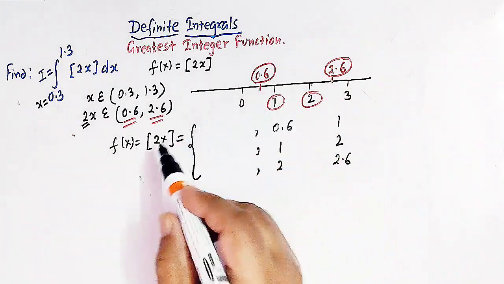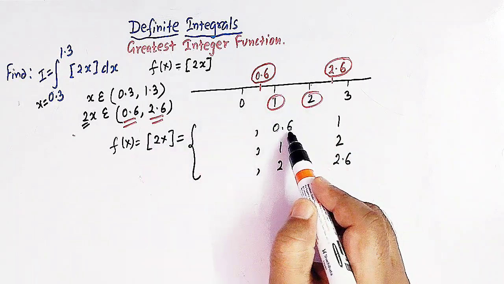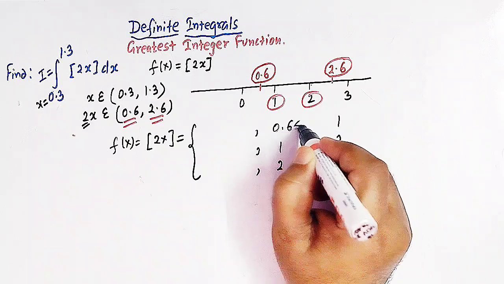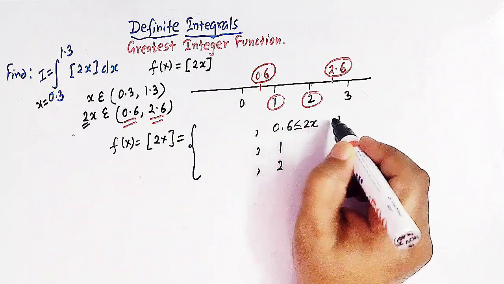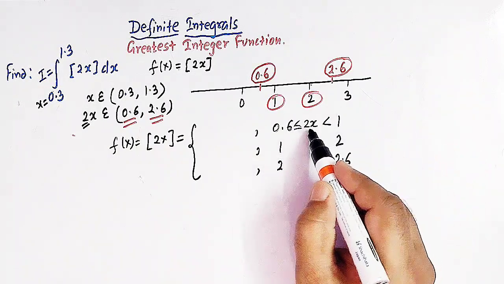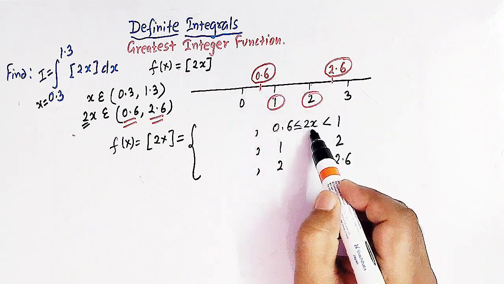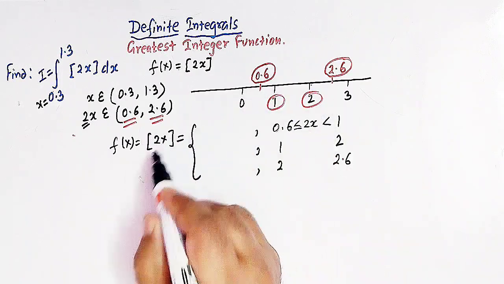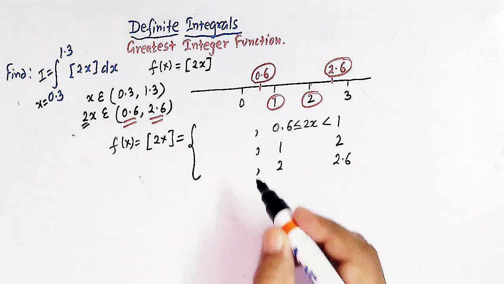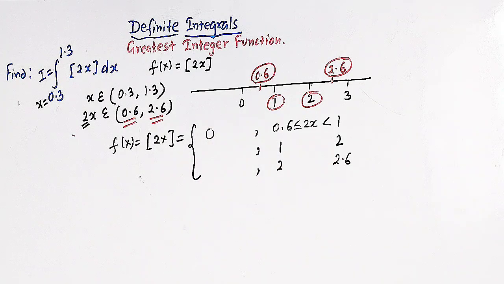So when this number, that is 2x, lies between 0.6 and 1, so we'll write here 2x, and here we'll write less than symbol, right? So when 2x lies between 0.6 and 1, then the value of greatest integer of 2x, by the definition of greatest integer function, must be equal to 0, right?